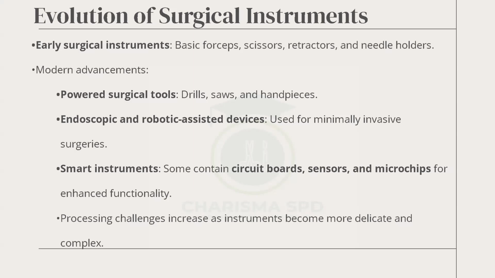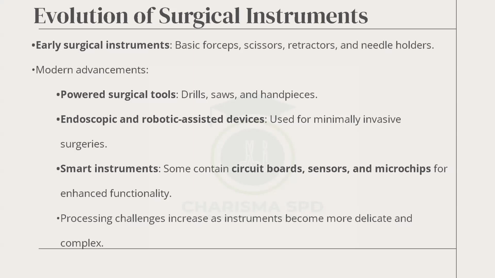Some contain circuit boards, sensors, and microchips for enhanced functionality. In some cases, instruments have devices that help to better serve the patient properly. And all of these need to be clean. That is why it becomes so complex when you are dealing with them.